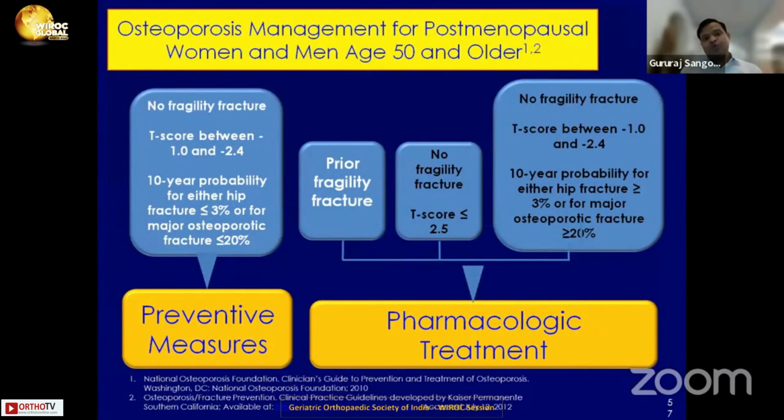According to the FRAX tool, if there is no fragility fracture, the T-score is between minus 1 and minus 2.4, and the 10-year probability of hip fracture is less than 3%, or major osteoporotic fracture less than 20%, you need only lifestyle measures. But if there is a prior fragility fracture, or the T-score is less than minus 2.5, or the T-score is between minus 1 and minus 2.4 and the 10-year probability of hip fracture is more than 3%, or major osteoporotic fracture is more than 20%, you need to treat them pharmacologically.